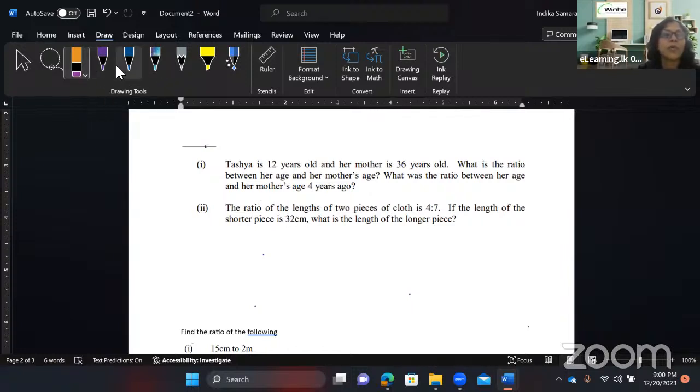Then what are the total parts? 4 plus 7 is 11, right?